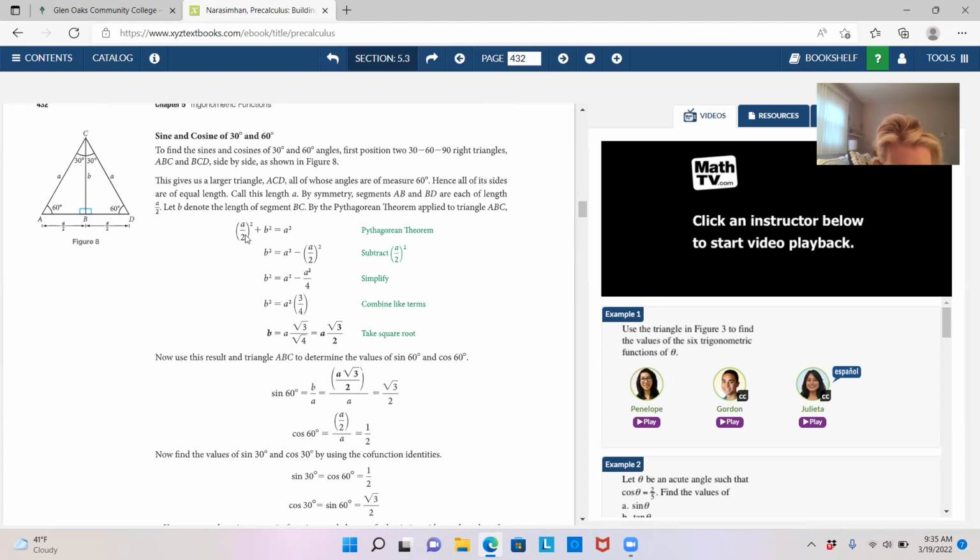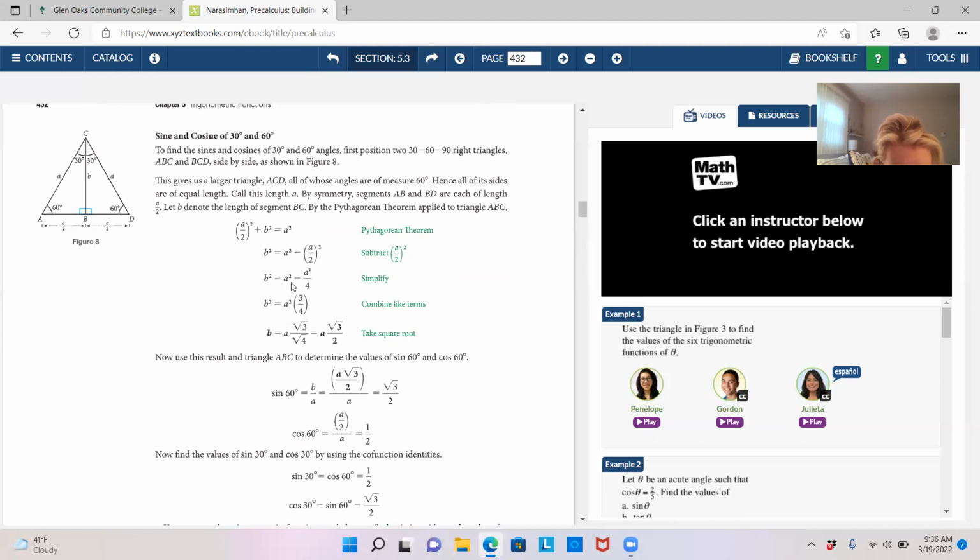And so we know that side A is equal to A divided by 2 plus B, and then our hypotenuse is A itself. To solve for B, we can take A squared minus A over 2 squared.